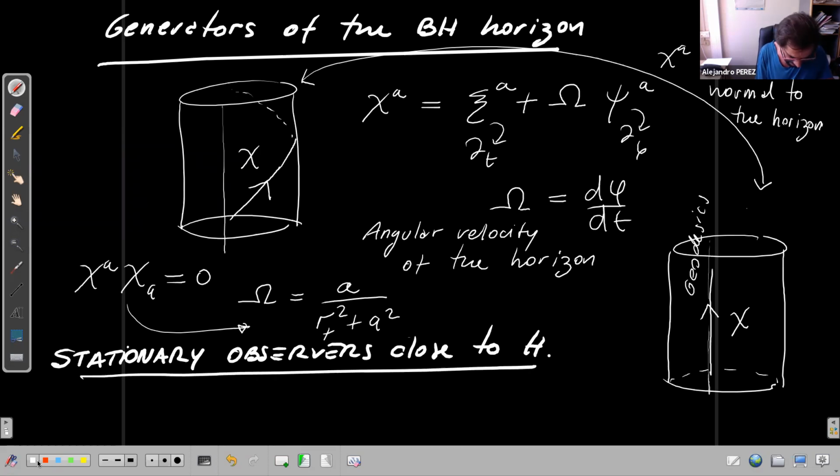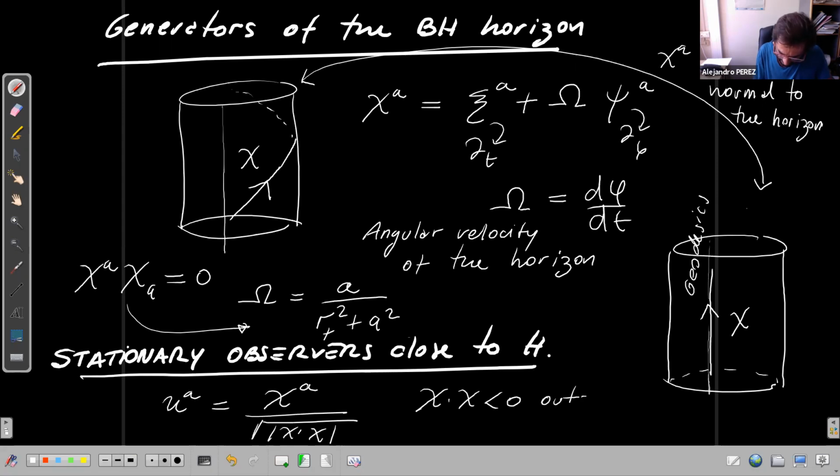What are these observers? You just realize that you can define u^a, the stationary observers, as χ^a divided by the norm of χ, because χ is null on the horizon, but happens to be time-like outside, in the neighborhood of the horizon.